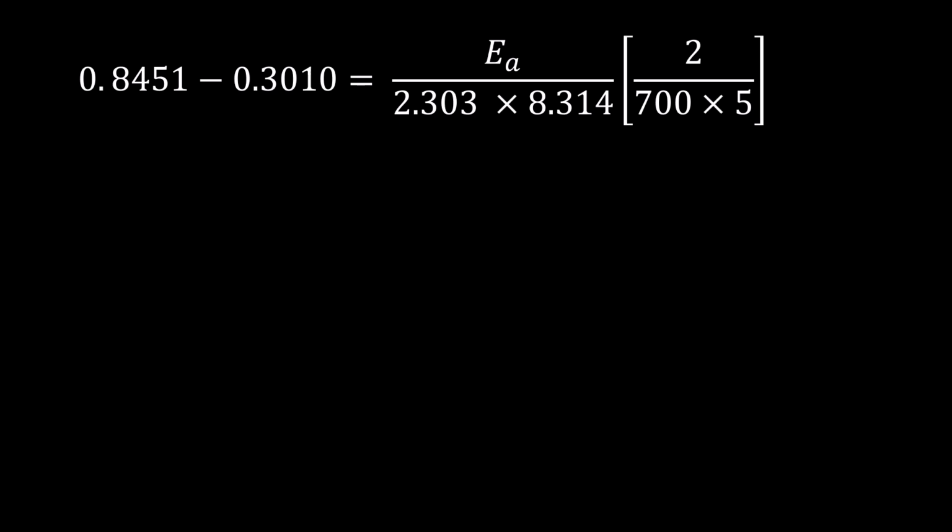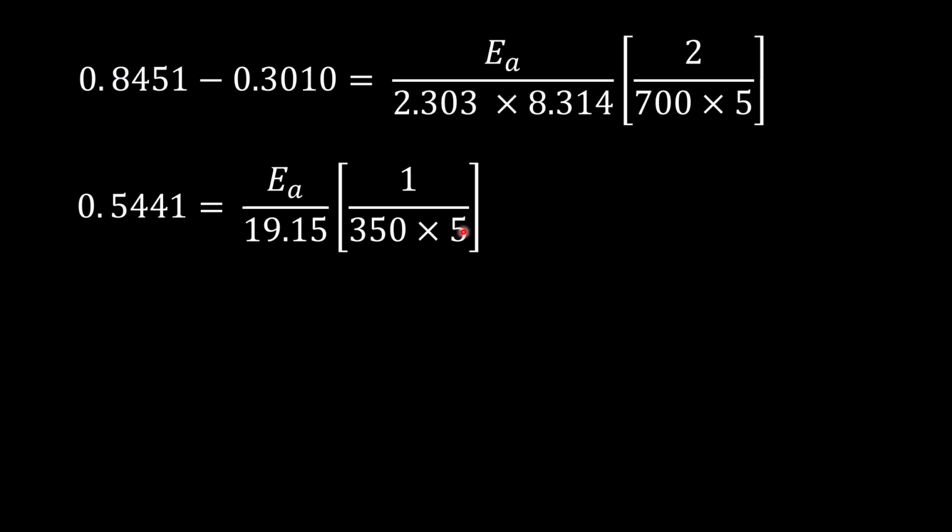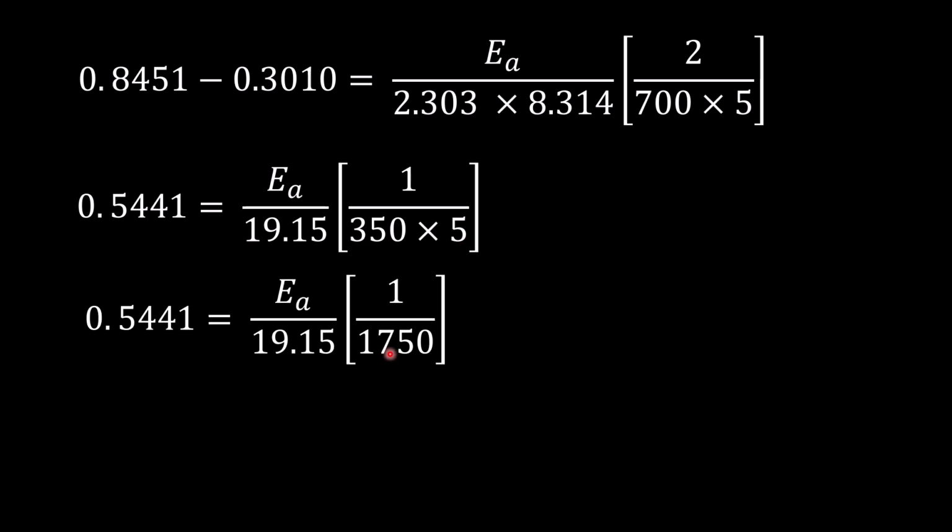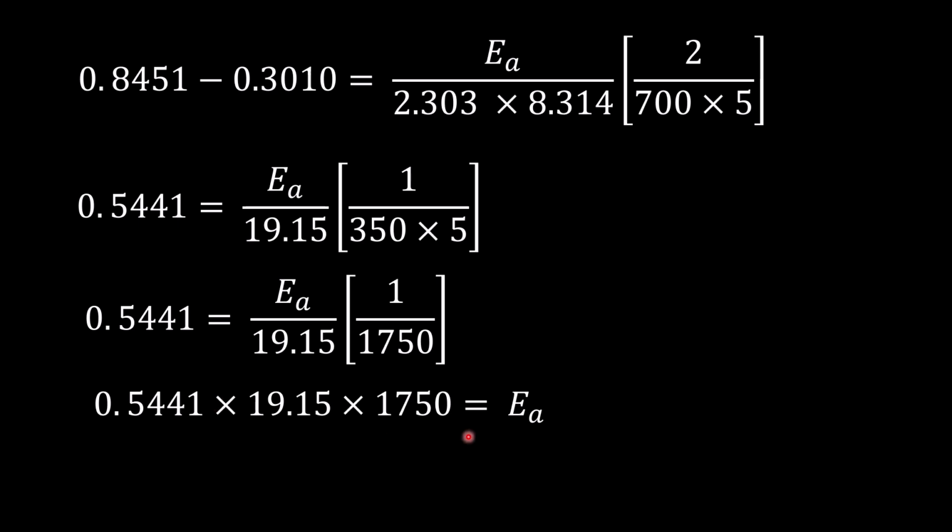And simplifying these log values and simplifying this 2 by 700, we get 1 by 350, and this value is 0.5441. Next, multiplying these two values, we obtain 1750, and rearranging these two values on the denominator to the left side, we get this one.